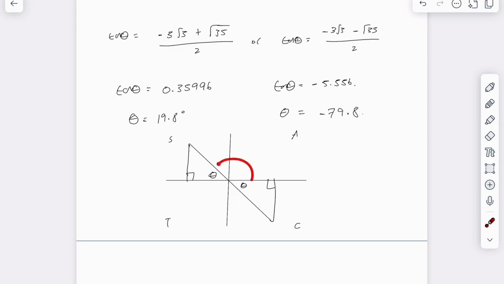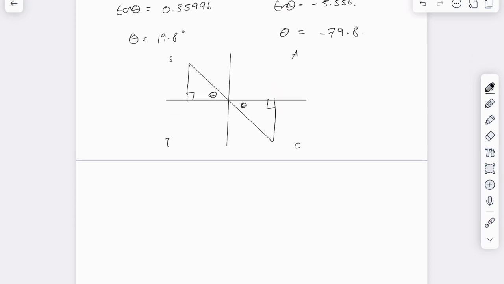So in this instance, okay, that is 180 minus theta. Okay, and then in this instance, it's 360 minus theta, which means we get what?